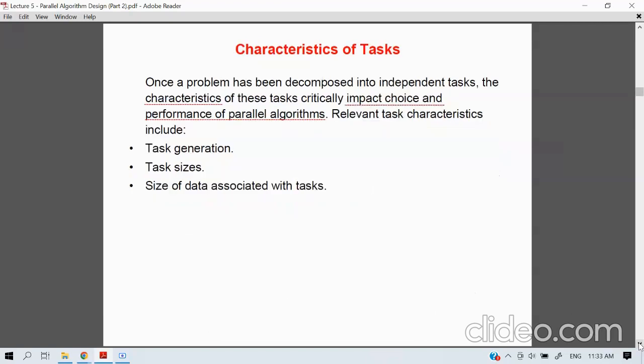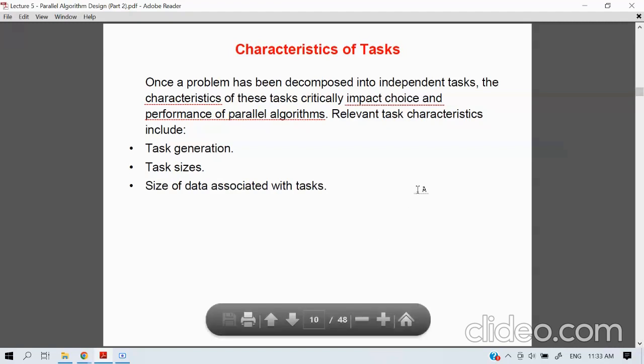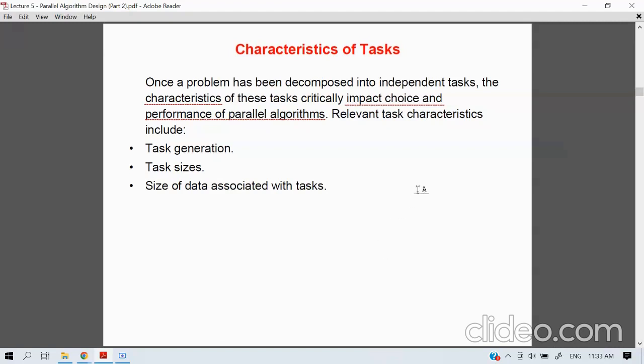Okay, so we finish the techniques to decompose the problem. Now we move on to the characteristics of the task. Characteristics of the task ni ada 3. Why do we need to identify or consider the characteristics of the task? Because once a problem has been decomposed into independent tasks, sometimes it might have an impact on the performance.